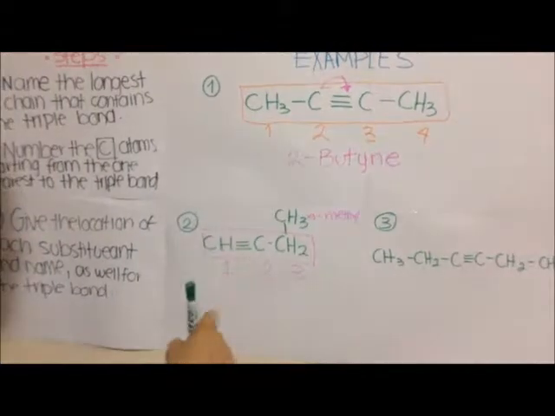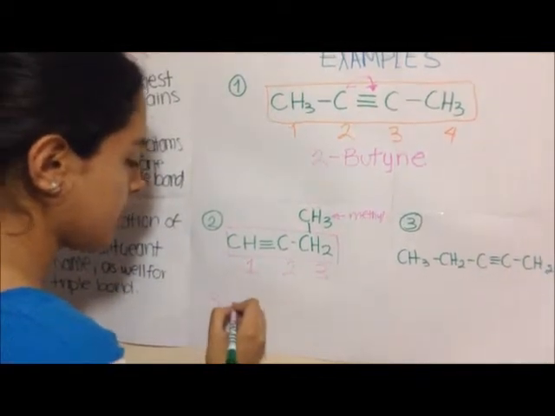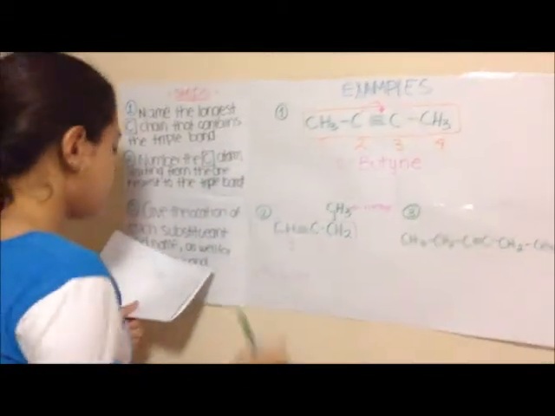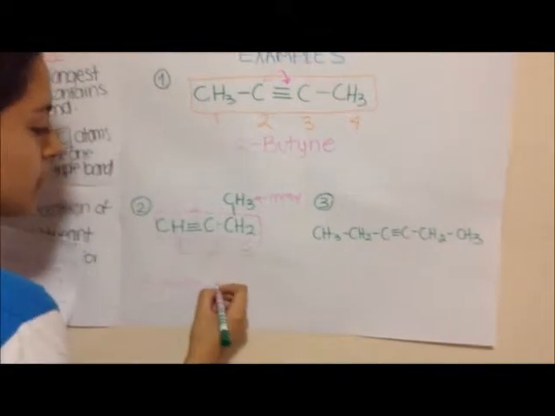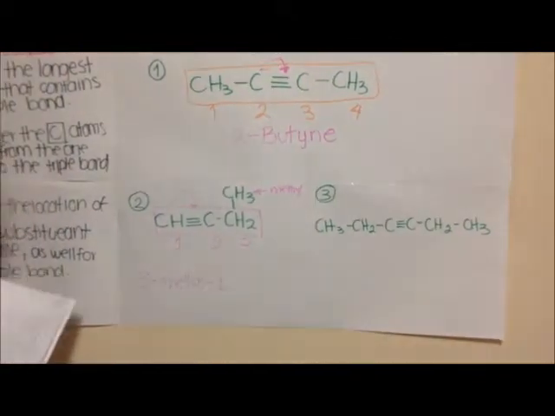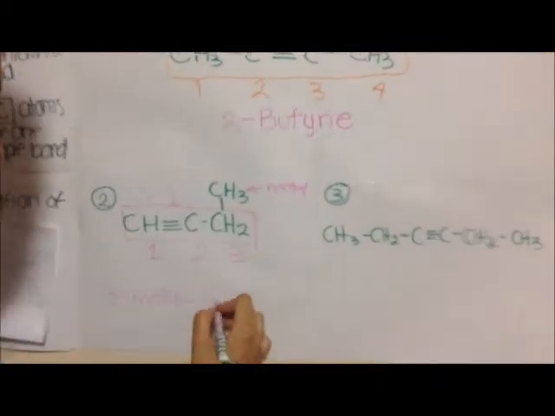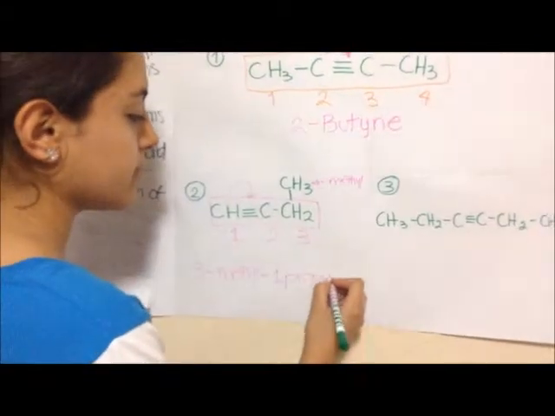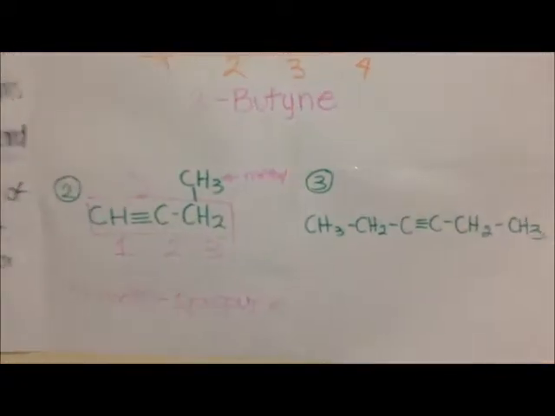It would be in the carbon 3, so we write 3 hyphen methyl. And then we need to locate the triple bond, that in this case would be from the carbon atom number 1. So hyphen 1, and then we write the prefix for number 3, that is prop, and the termination of an alkyne, that is propyne. So this is called 3-methyl-1-propyne.